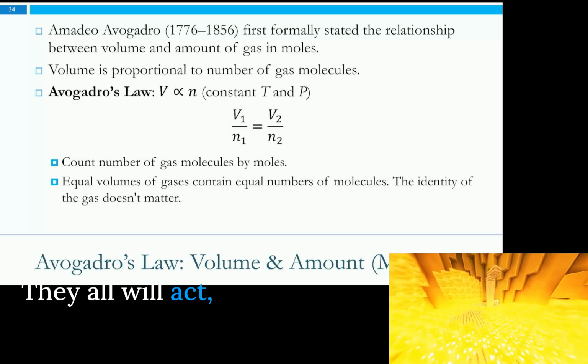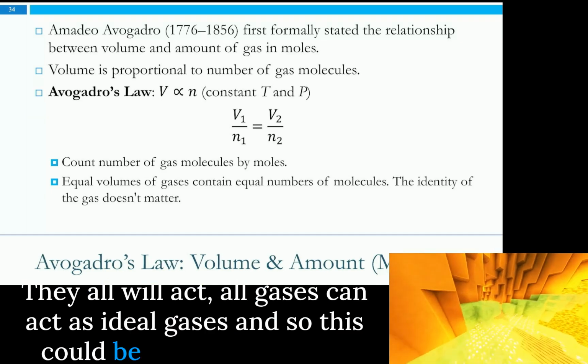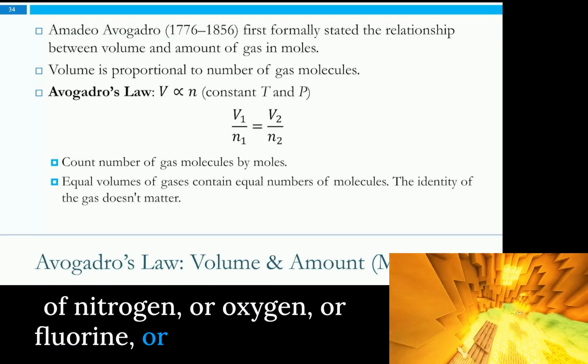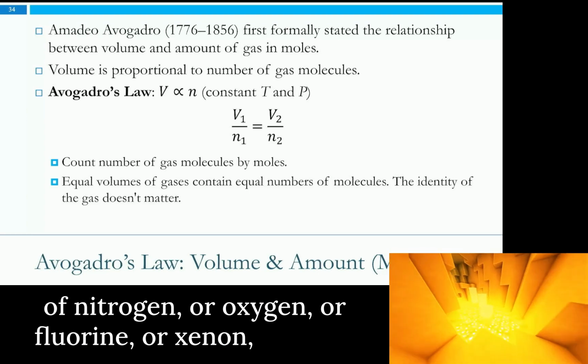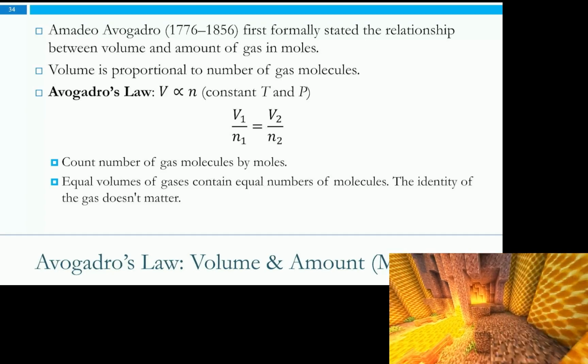All gases can act as ideal gases. And so this could be number of moles of nitrogen or oxygen or fluorine or xenon, any gas. The effect is the same.